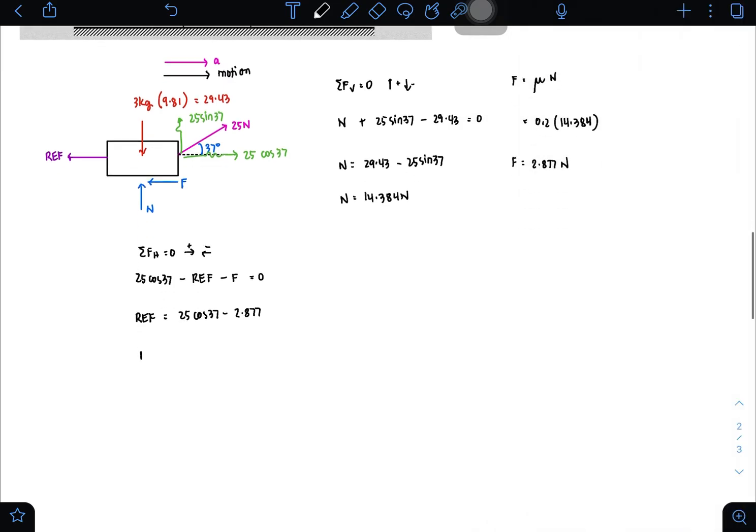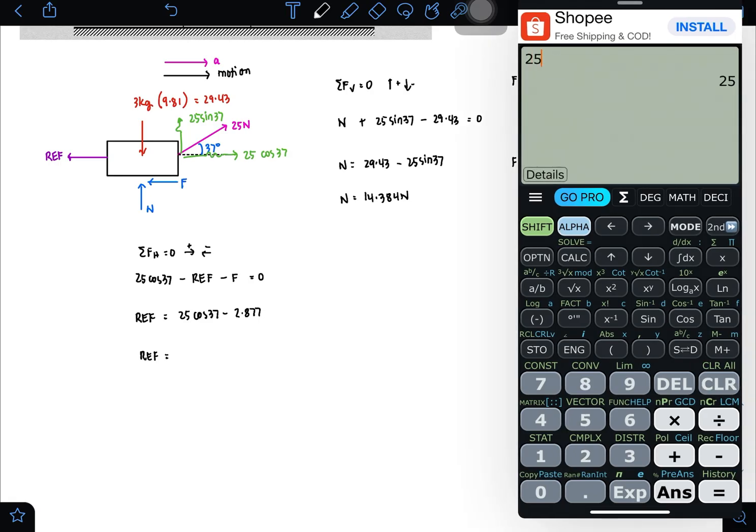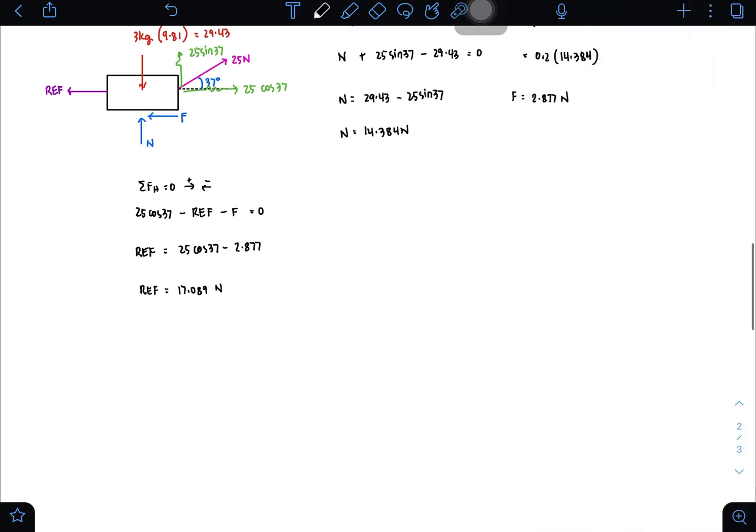All right, so REF now is obtained. So that's 25 cosine of 37 minus 2.877. So that's 17.089 newtons. But what is REF? REF is equal to the weight over the gravity times the acceleration.